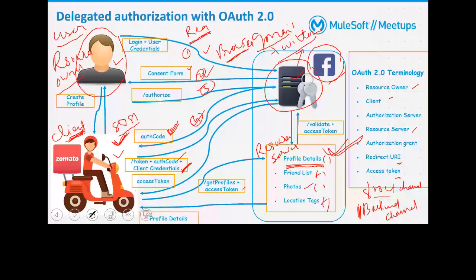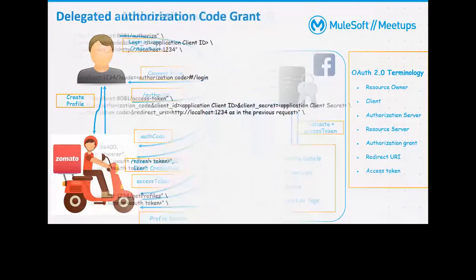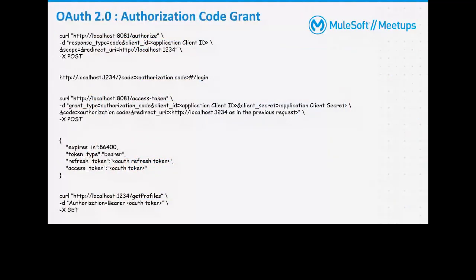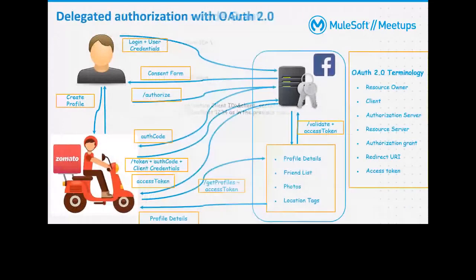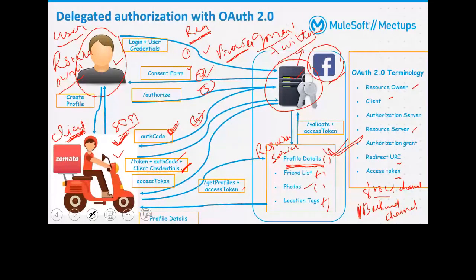Anil is asking what happens when we use the mobile app when we select Facebook for Zomato login. The mobile app behaves the same way. So it will go to your mobile app, right? Okay, so when you say create account, are you installing the Zomato app? We are talking about the browser right now.